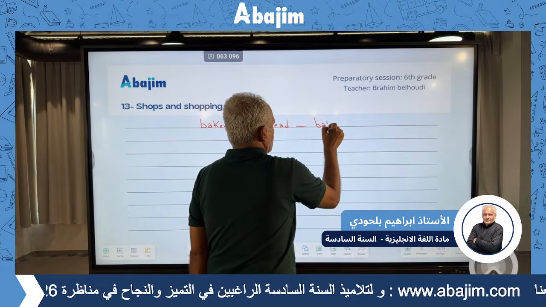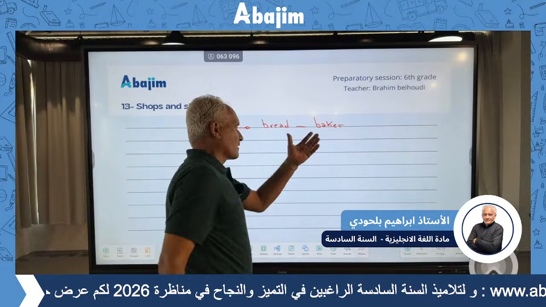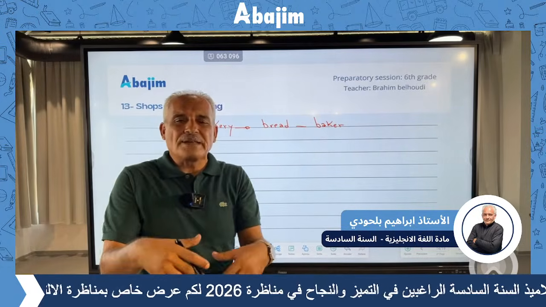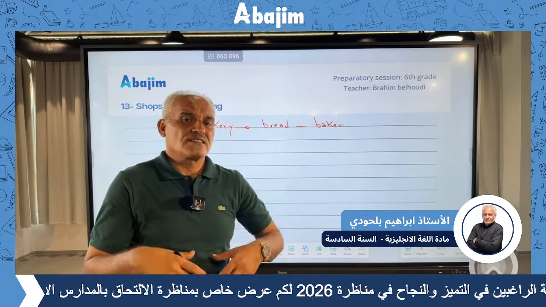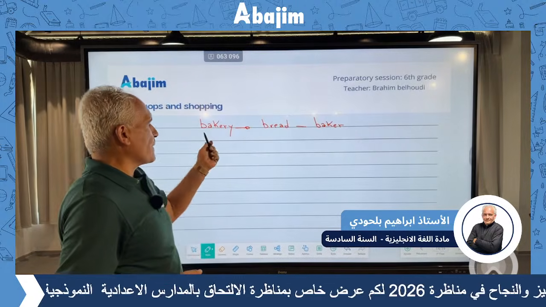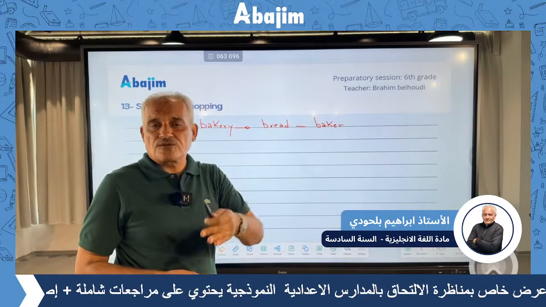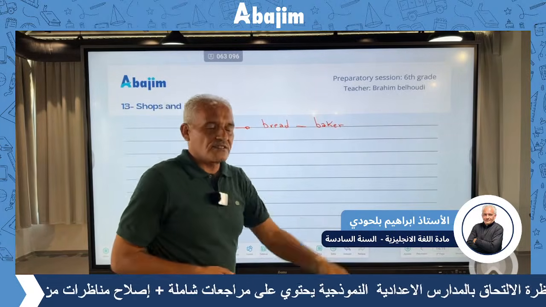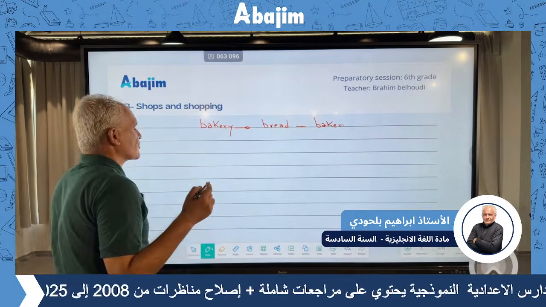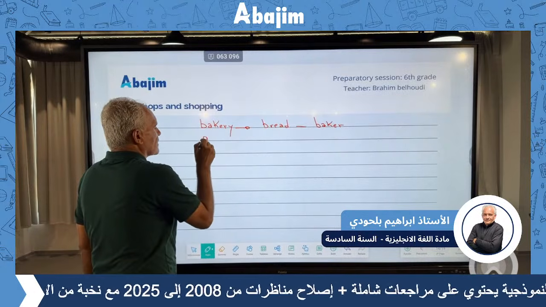Baker. So the baker sells bread and bakes bread and makes bread and the sweets, of course, okay? So the bakery is the shop or the place where customers go to buy bread, and the baker is the person who works there. Following shop is the greengrocery.